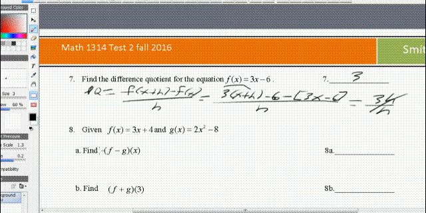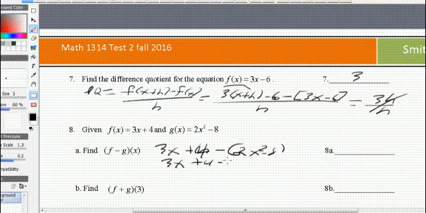This one right here says find f minus g. So you put f minus, and here's the mistake most people make: they forget to put this in parentheses. So when you do this, that's 3x plus 4 minus, in parentheses, 2x squared minus 8.